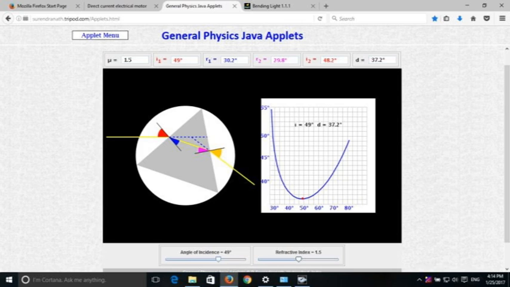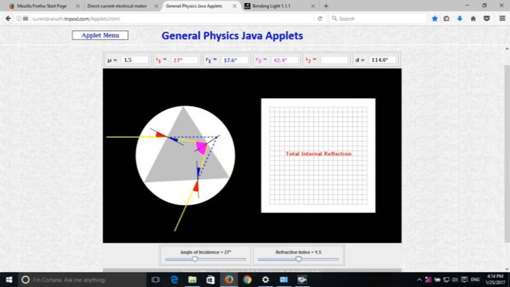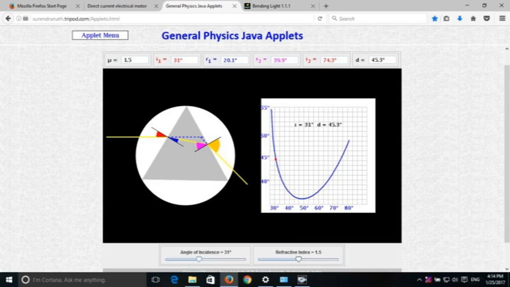You watch this very carefully. First, the angle of incidence is less and the angle of deviation is very high. Now, as I increase the angle of incidence, you should notice that the angle of deviation is decreasing. It reaches the bare minimum, and this is called the angle of minimum deviation.